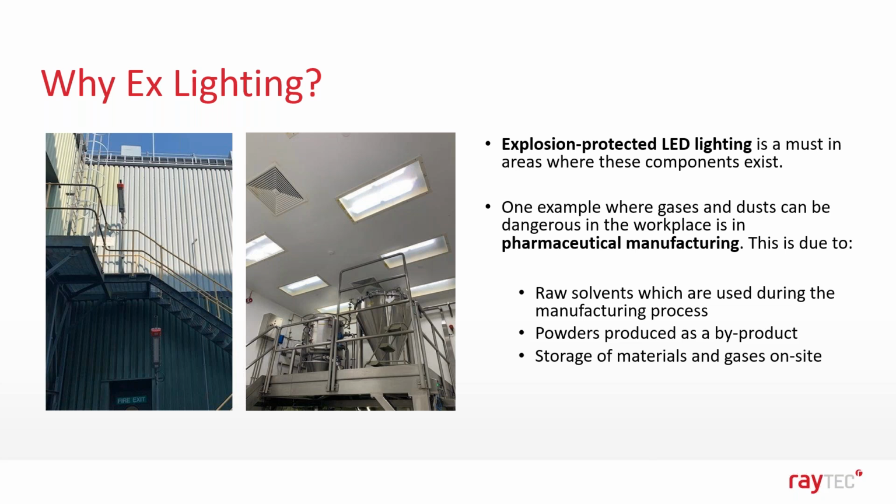This is due to raw solvents, chemicals and gases which are used during the manufacturing process, powders, dusts and gases produced as a byproduct of the manufacturing process, and then the storage of those raw materials on site for use during manufacturing.